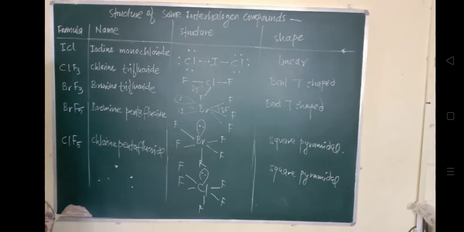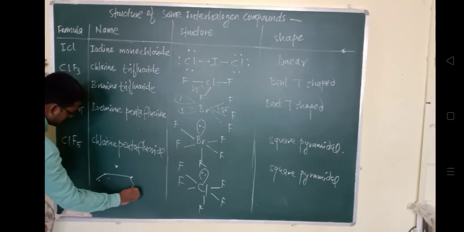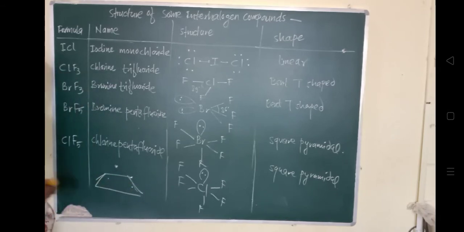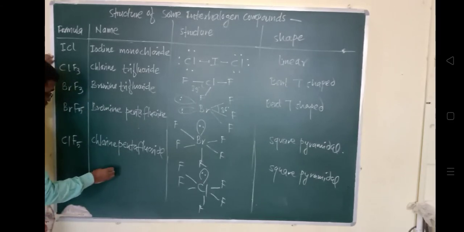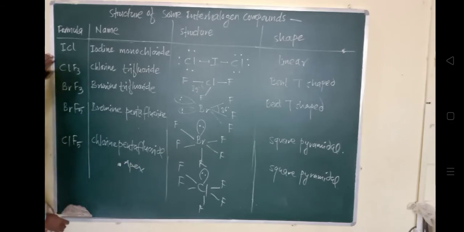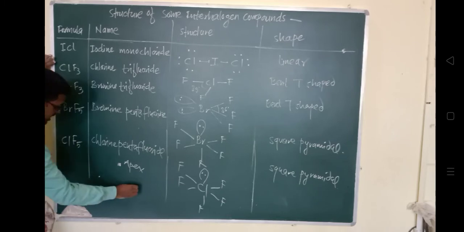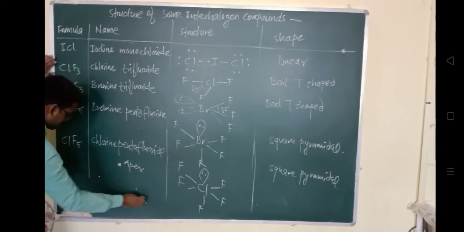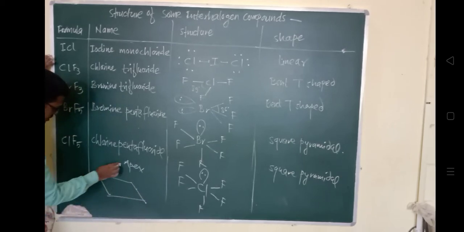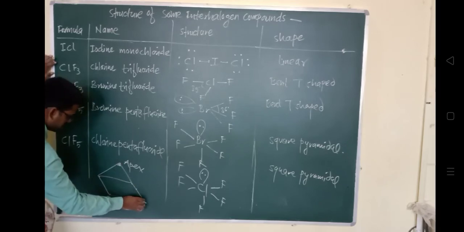All these points are attached to the upper portion, giving the geometry of a square pyramid, forming a square at its base. So the structure is similar to that. Chlorine will be at the top like this and 4 fluorine atoms will be at the base. So this is the structure of some interhalogen compounds.